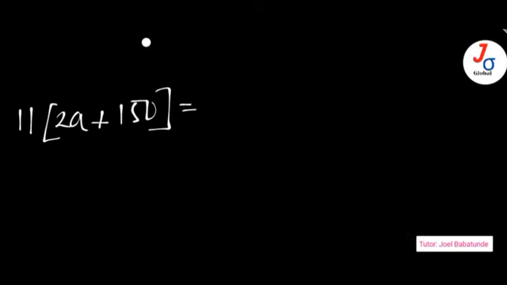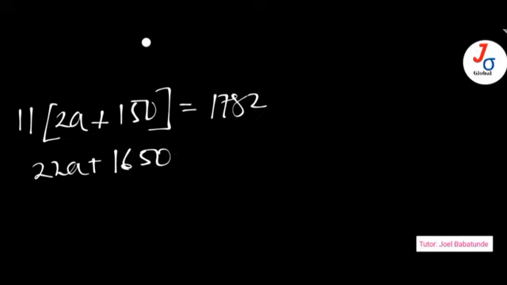That gives us 1782. Okay, so open up this bracket. What we have is 11 multiplied by this. You have 22A plus this multiplied by this, you have 1650, and that equals 1782.